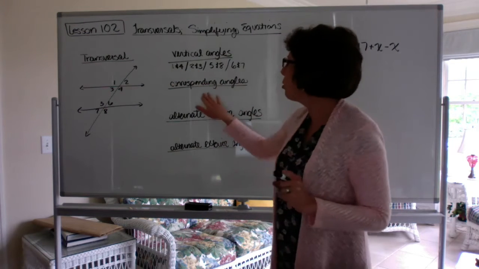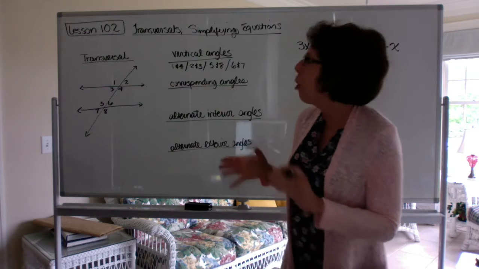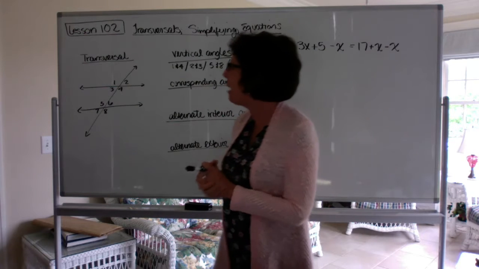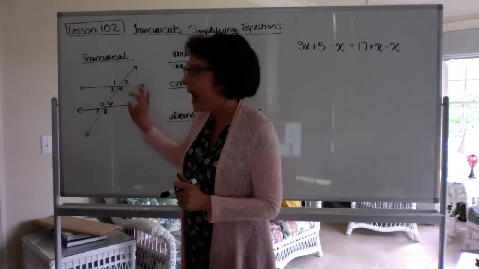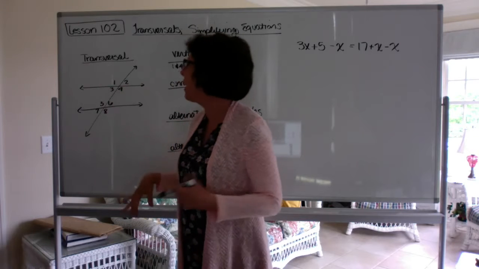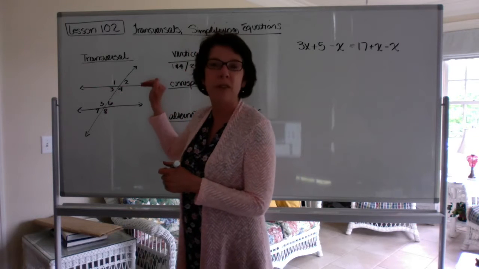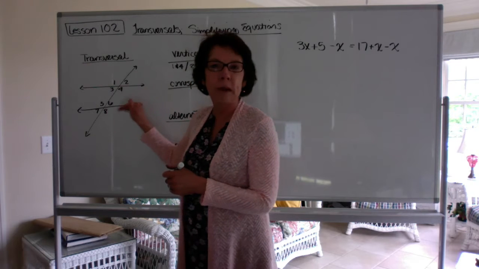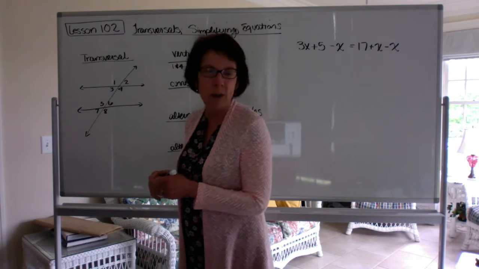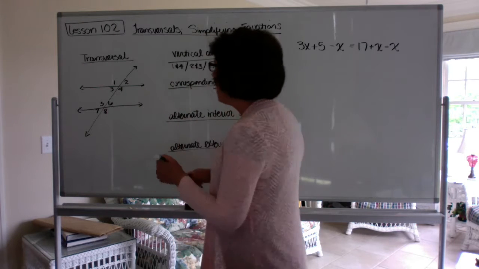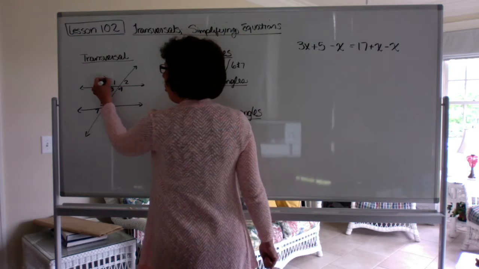Now, let's go to corresponding angles. Corresponding angles are angles in the top section and the bottom section that are on the same side of the transversal and in the same position above or below the parallel line. Now, what do I mean by that? Well, let's look at angle number 1.